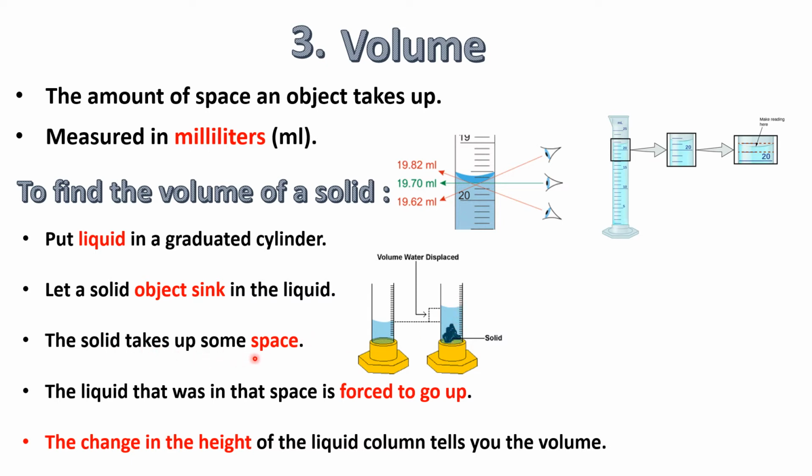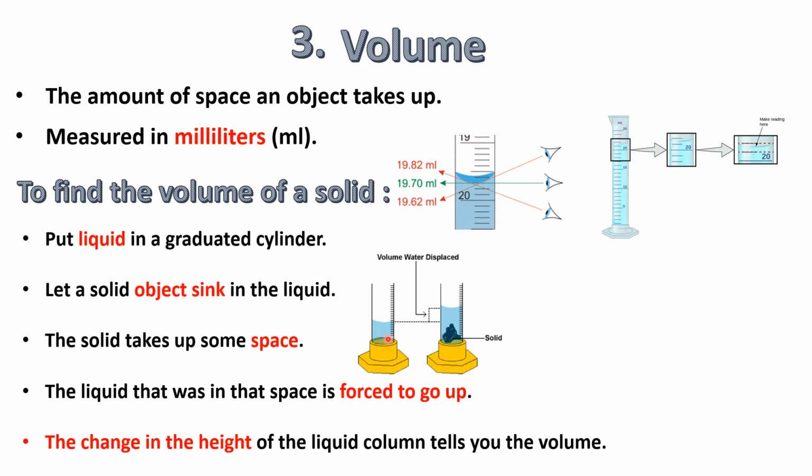The solid takes up some space. The liquid that was in the space is forced to go up. The change in the height of the liquid column tells you the volume.